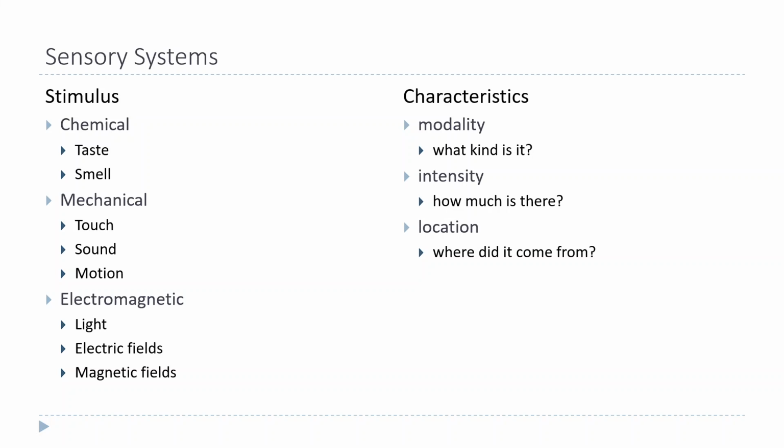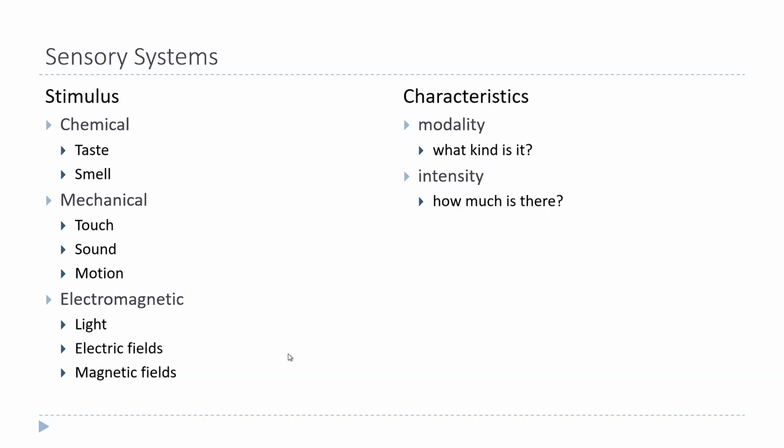Whereas with chemical sensory systems, location is a little more complicated, because in the case of taste, for example, as we'll learn later, your tongue is the only place where you really taste things, and there is no real difference in location across the tongue that tells us much. Whereas in smell, again, you might be able to determine where a scent is coming from. And so again, your sensory system has to be able to determine that also.